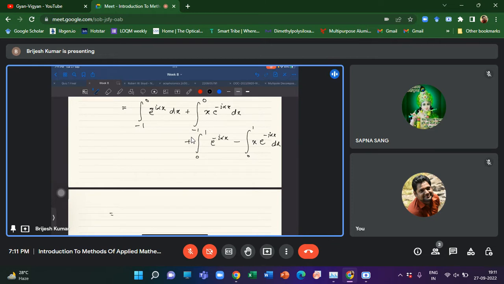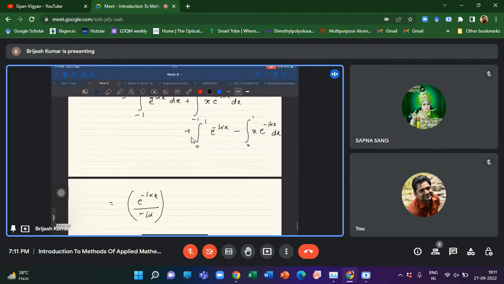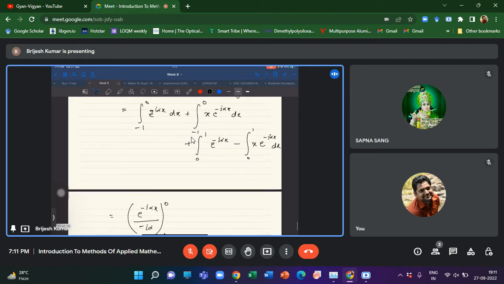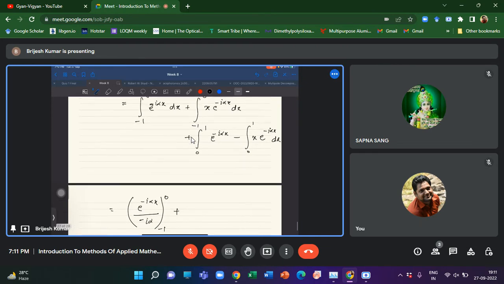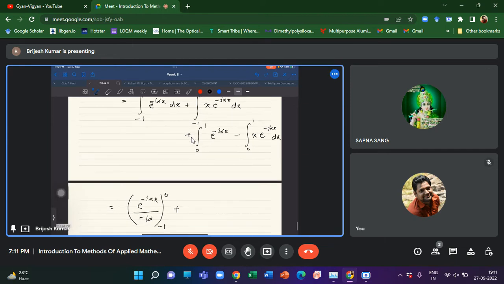From the first term we will get e to the power minus i alpha x upon minus i alpha, with limit minus 1 to 0. Then for the next term, integrating by parts: first keep x, and integrate the second, giving e to the power minus i alpha x upon minus i alpha.